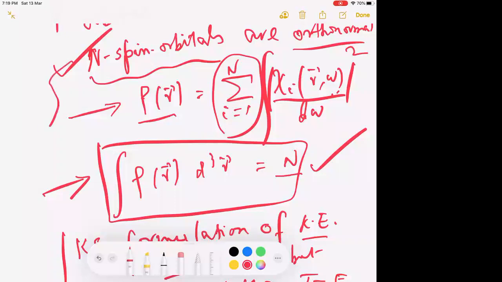So these are the three equations. I'm using this equation to simplify energy in terms of spin orbitals. I have to subject the variation to this condition, which means I will subject them to n spin orbitals being orthonormal, because this is identical.